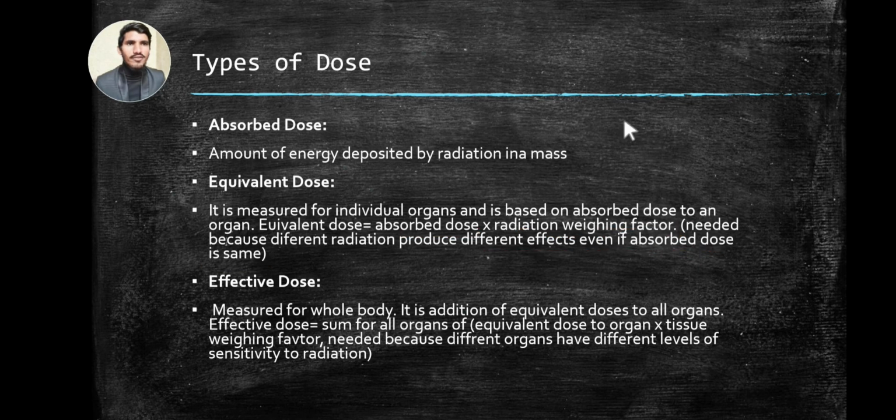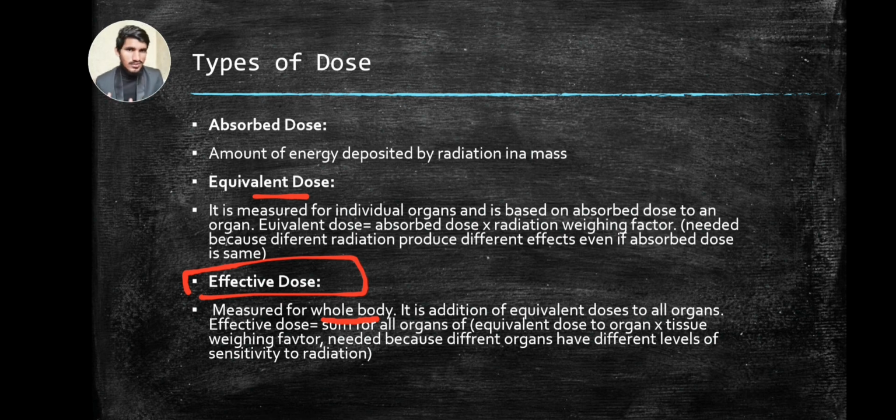The next thing we have here is the effective dose. What is effective dose? Effective dose is measured for the whole body. As equivalent dose is measured for a single organ, effective dose is measured for the whole body. It is the addition of the equivalent doses to all organs. As you know, our body is made up of different types of organs, and different organs absorb radiation.